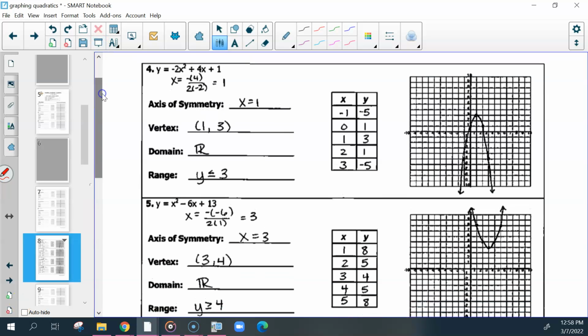So make sure you have all of this written down, or if you didn't get to certain ones, make sure you go back and refill it. So number 4, the axis of symmetry was x equals 1. The vertex was (1, 3).